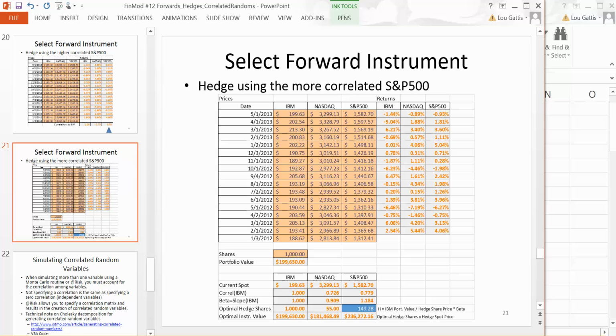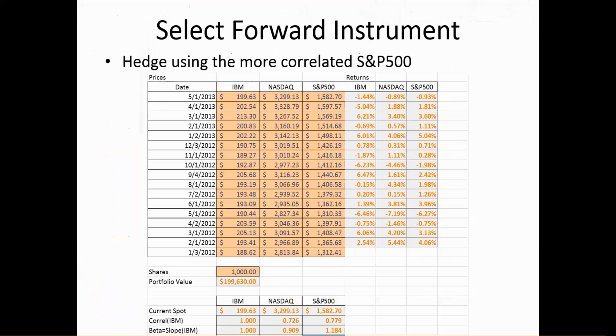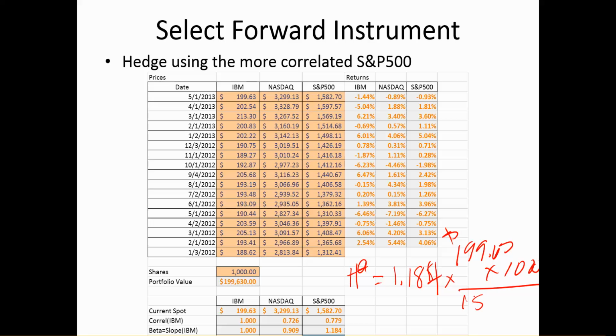That optimal hedge quantity is going to be my beta, 1.184, times my spot price of IBM, that's actually 199.63, times my 1,000 shares, divided by the spot price of the S&P 500, 1582.70.